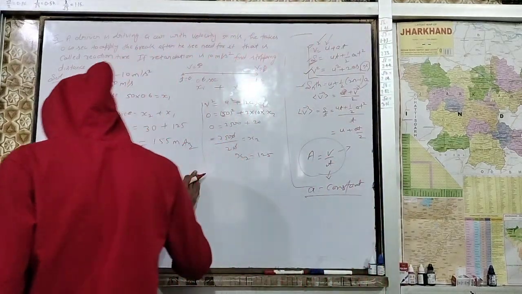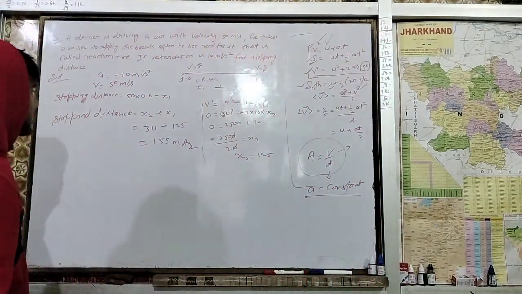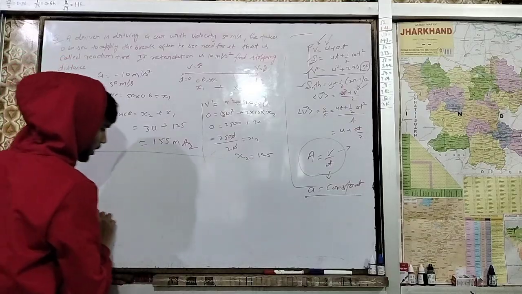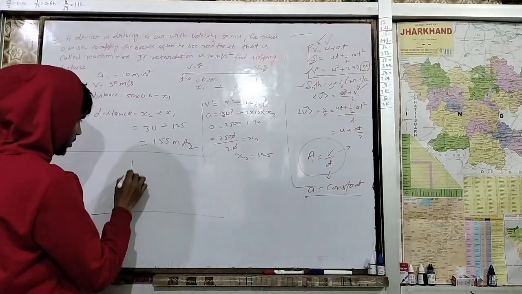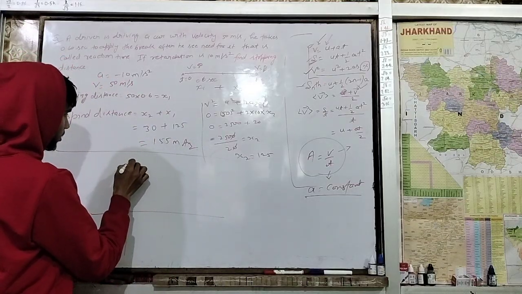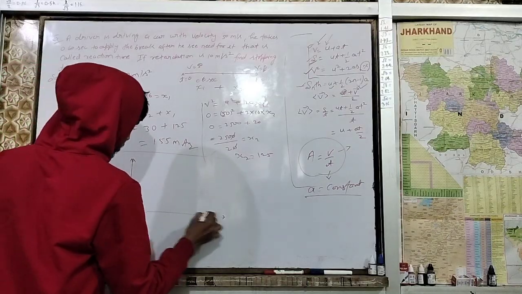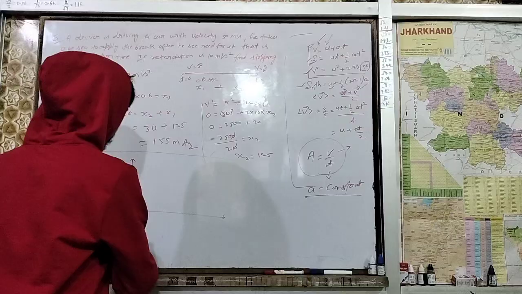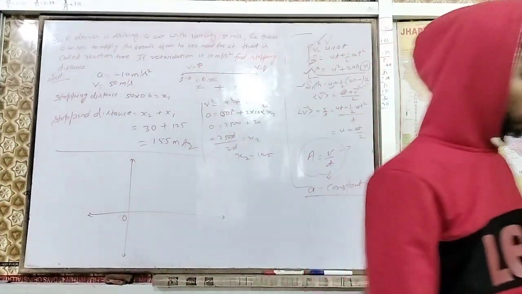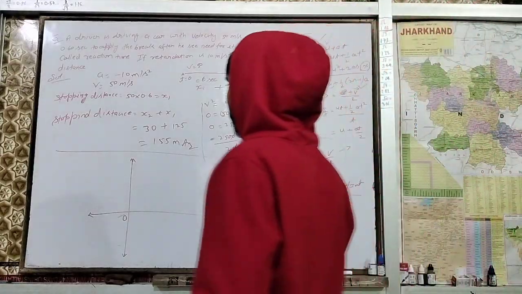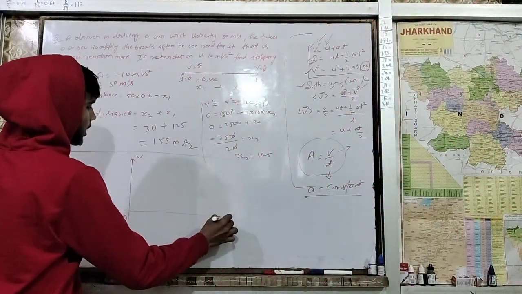Now let's visualize this question as a figure, as a graph. We have this graph. This is v and this is t.